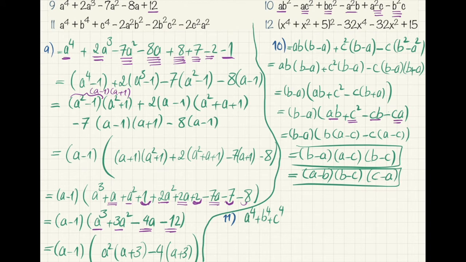And then I will write minus 2a squared b squared, that's good. And then I will write minus 2a squared c squared. But instead of minus 2b squared c squared, I would write positive 2b squared c squared, but to compensate for that I need to subtract 4b squared c squared.